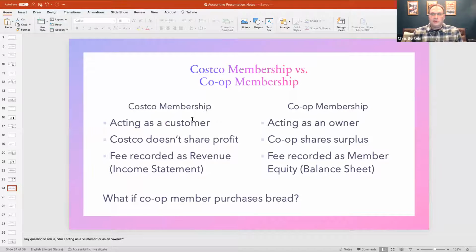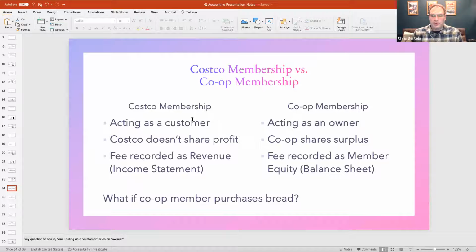Okay, so comparing and contrasting a Costco membership, which Costco calls a membership, and a co-op membership, they're two separate concepts, even though they have the same name. So for a Costco membership, you're acting as a customer basically, because you don't share in any profit.